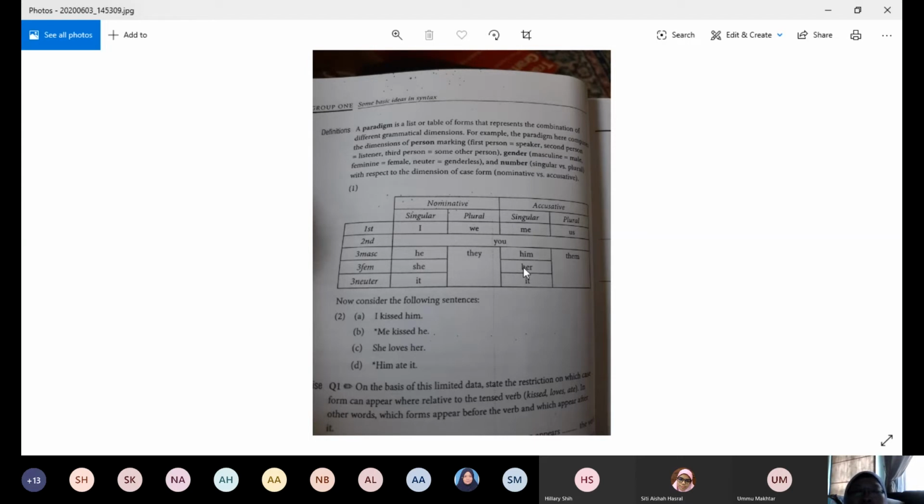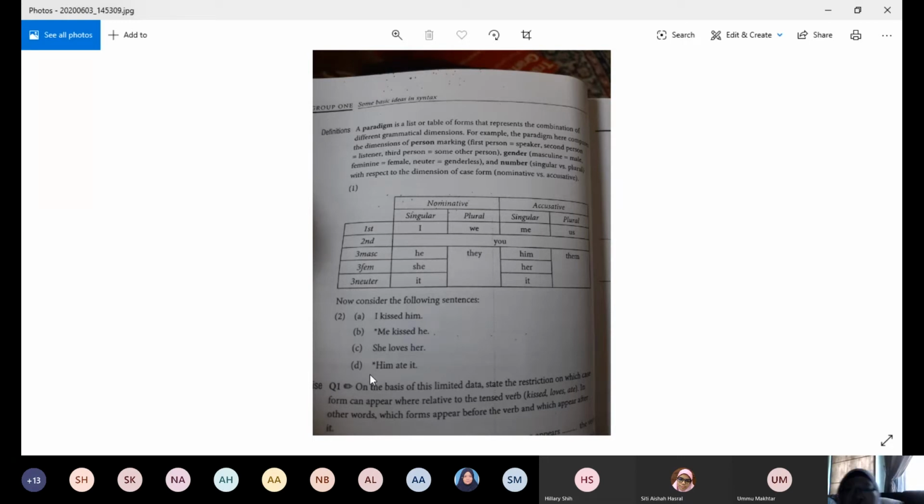If you go through the row, her is third person feminine, and also singular, and also accusative case. So therefore, she loves her is grammatical. This sentence can be about another person, but it could also mean she loves herself. Okay, that's in terms of semantics.